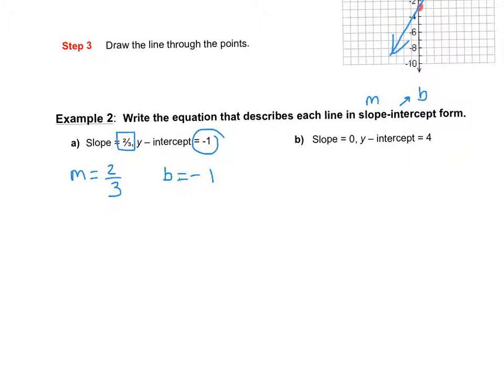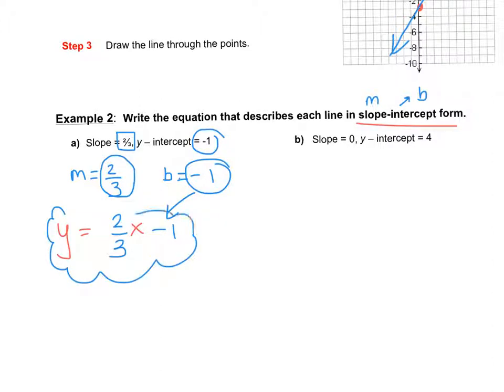They want you to write an equation in slope-intercept form: y equals mx plus b, where you're literally replacing m with 2/3, and you're replacing b with negative 1. But when you plug that in here, it's going to become minus 1. This is the equation in slope-intercept form of the slope of 2/3 and the y-intercept of negative 1.